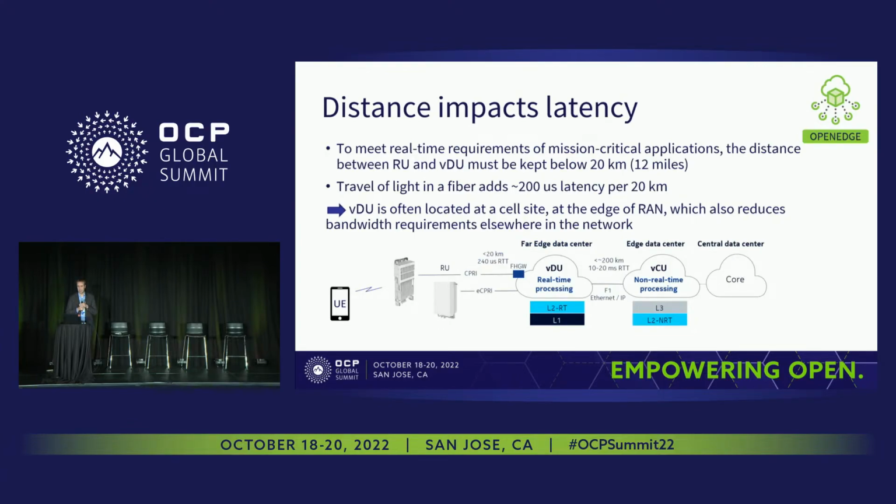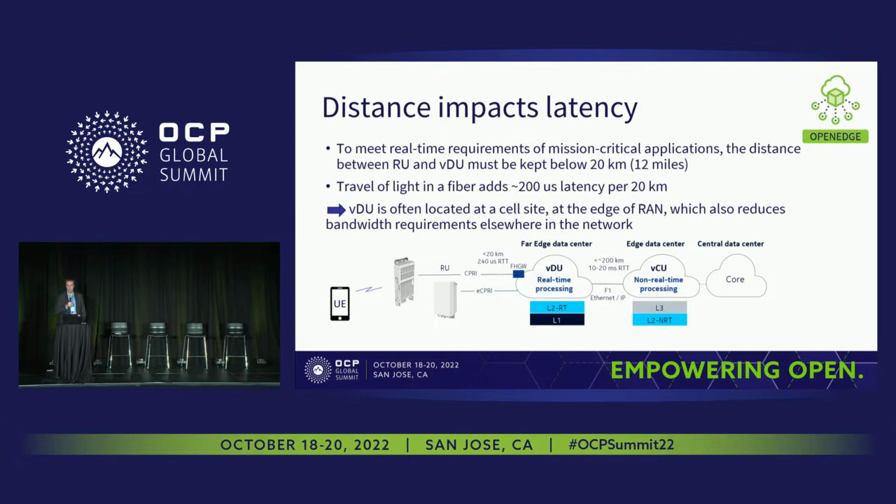Then about the challenges and what is leading to these deployment models, it's simply the laws of physics, in that the latency between the radio unit and the video unit cannot be too big. So we talk about sub-millisecond latency that should be there between the RU and the DU in order to efficiently process the traffic coming from the radio network.